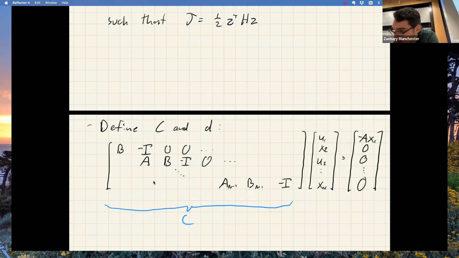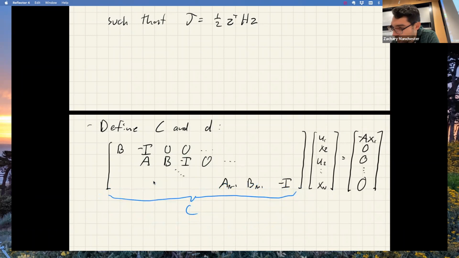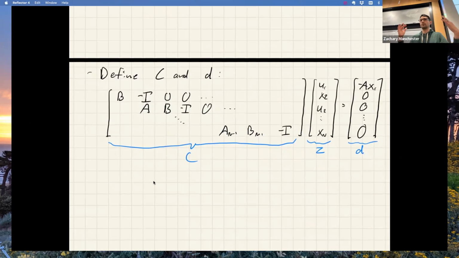Okay, so that's C. Then this is your Z decision variables, and this is your D vector. And so now with that set up, we can write down a standard form QP, like we talked about in the optimization overview.